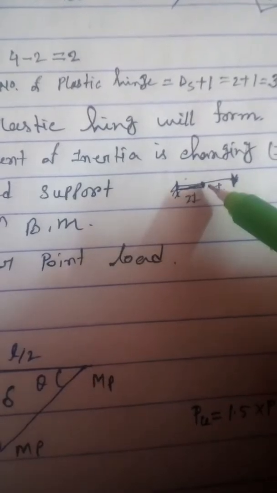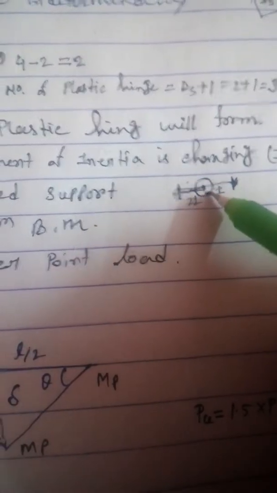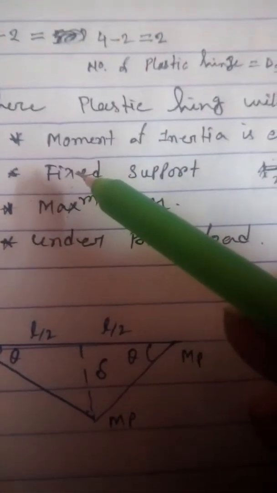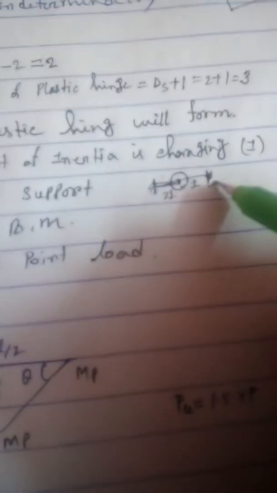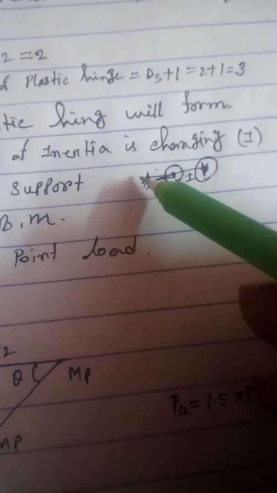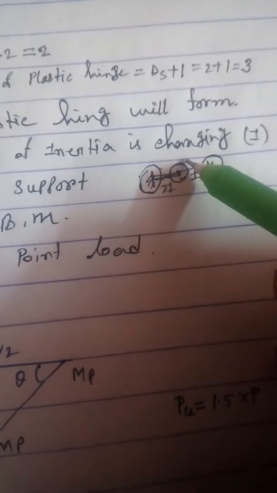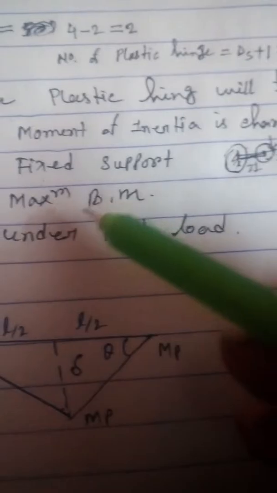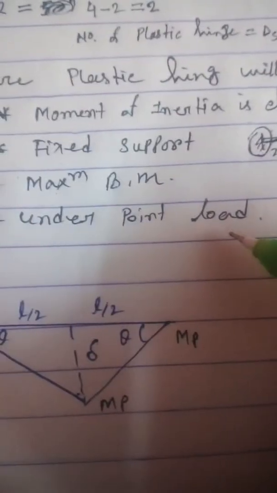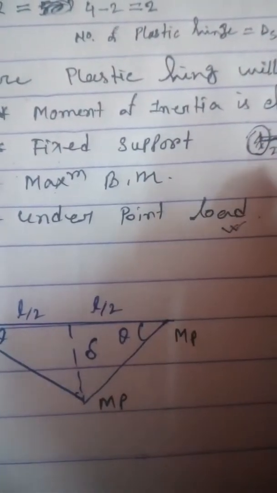Number 2, fixed support: plastic hinges will also form at the fixed support. And if any load is acting, plastic hinges will form under the point load.